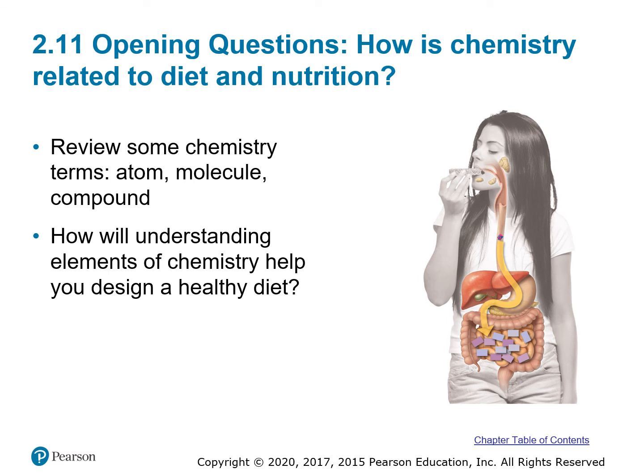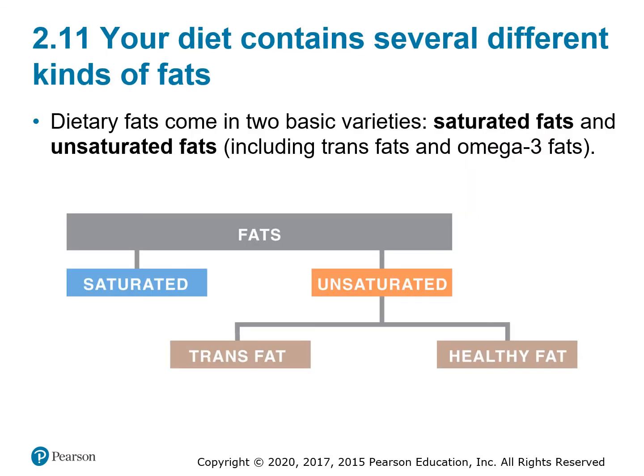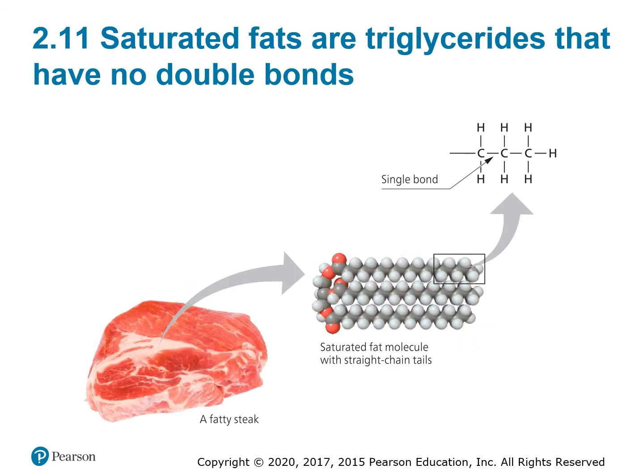So living things are dependent on chemistry for the functioning of their cells and their larger body tissues, right? And your diet helps determine what types of molecules are available to your tissues. One distinction that we often talk about is whether you're having saturated fats or unsaturated fats.